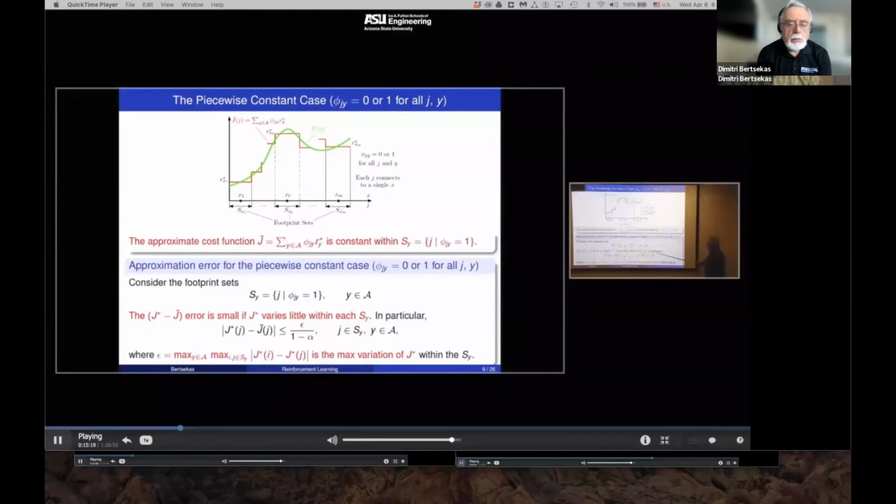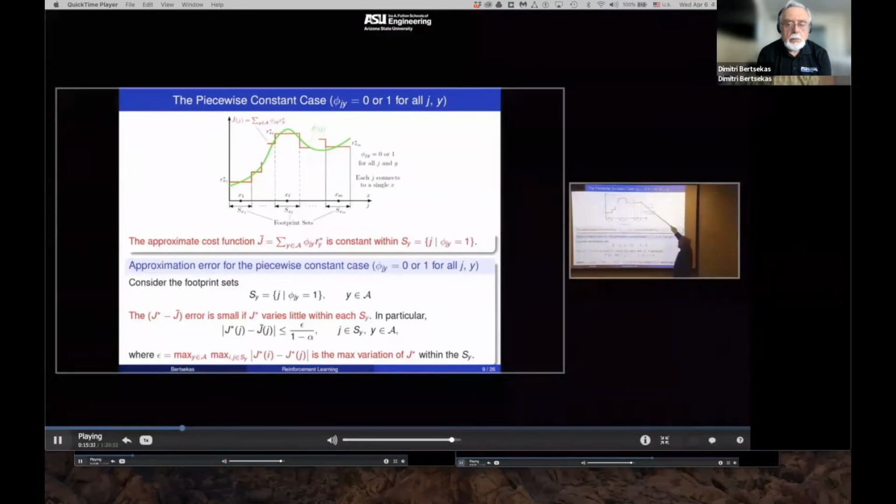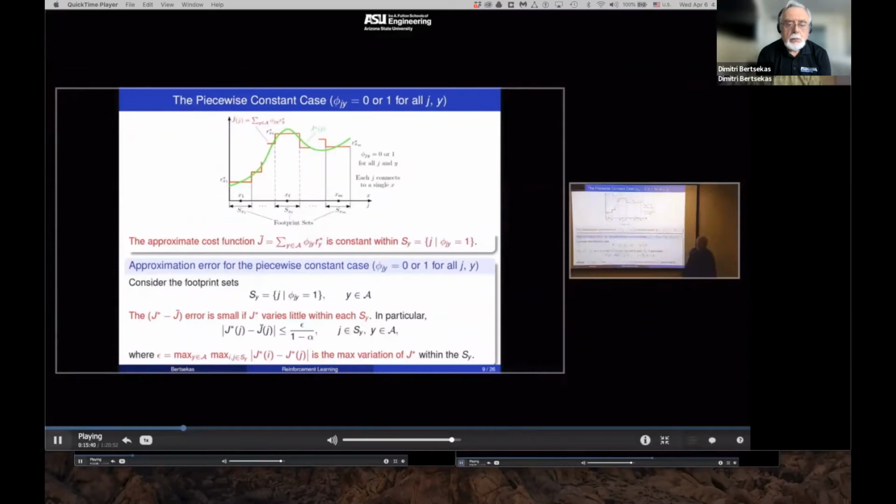So look at this bound here. If epsilon is the maximum variation of J over all these footprints, okay? So look at this particular footprint and look at states, look at the maximum variation within here, the maximum variation over all of those, and let's call this epsilon.